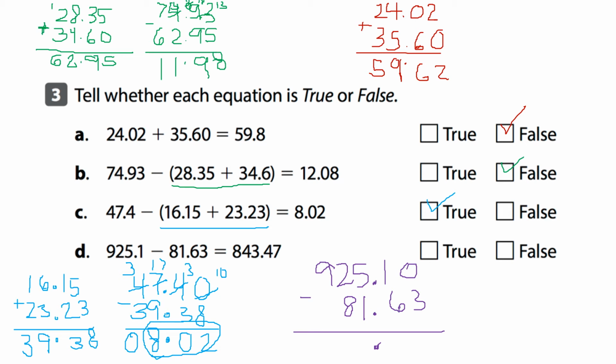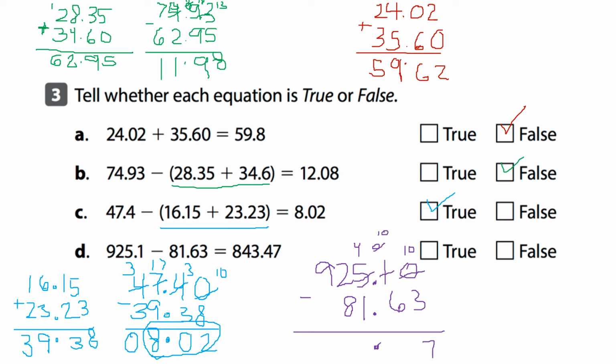I can't take 3 from 0, so I have to borrow. This becomes a 0, and this becomes a 10. 10 minus 3 is 7. Can't take 6 from 0, so I have to borrow. And this becomes a 10.